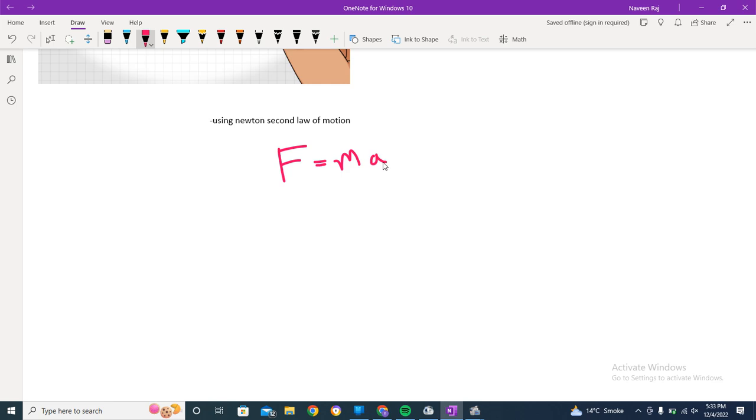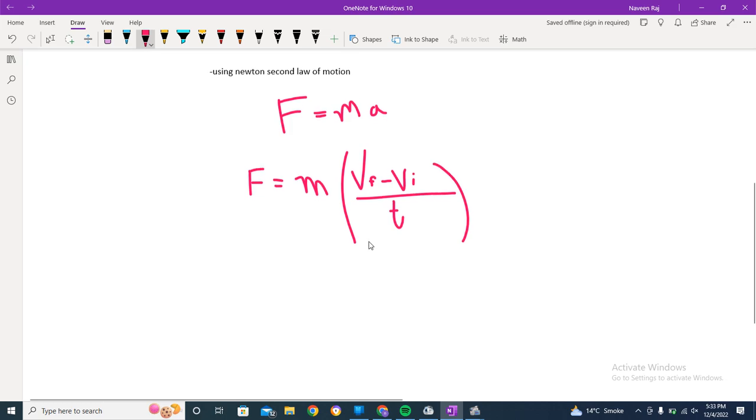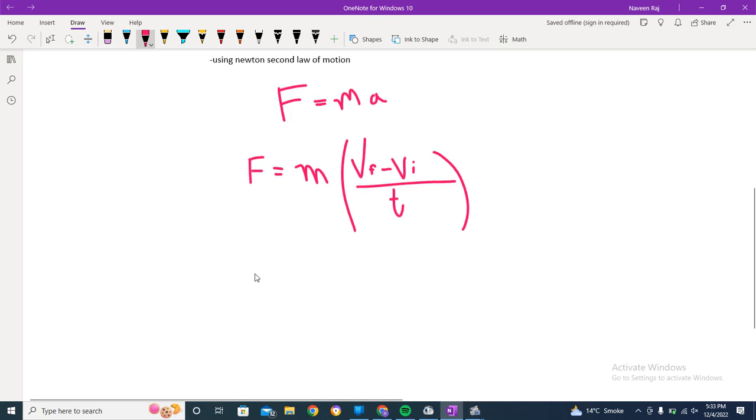If you decode the a, you will get F is equal to m times the acceleration, which is delta v upon t, that is equal to the final velocity minus the initial velocity, vf minus vi, upon t. What will happen if you multiply these terms?